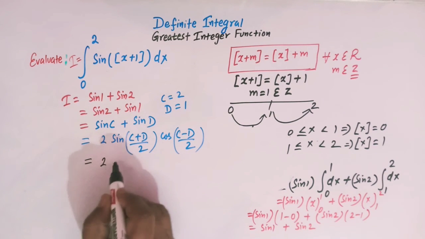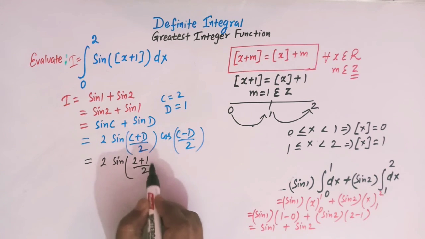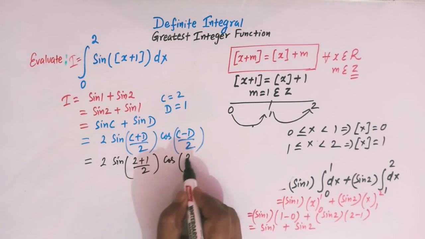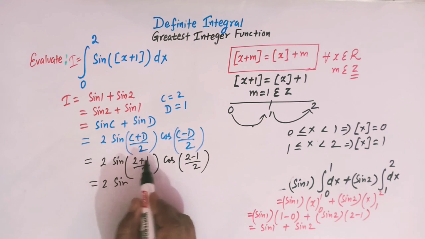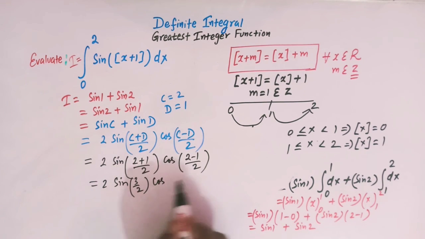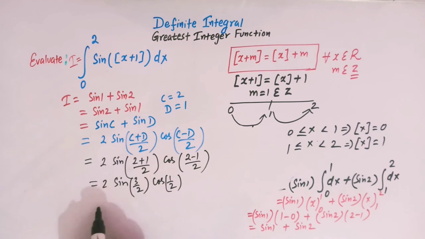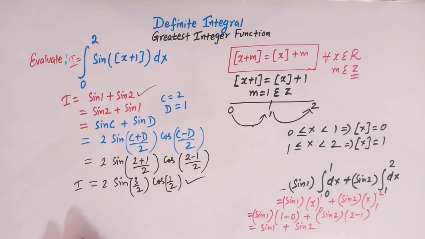Here we have 2 sine of (2 plus 1) over 2 times cos of (2 minus 1) over 2. So this is 2 sine 3 over 2 times cos 1 over 2. We can also express the result in this form, and either result can be taken as our answer. So this is how we solve this important problem.